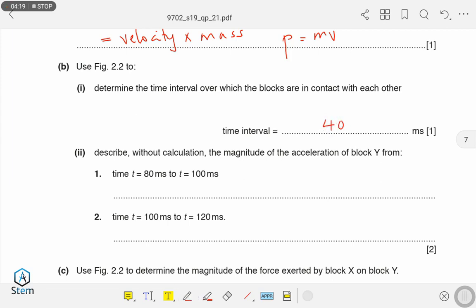All right. Use fig 2.2 to describe without calculation the magnitude of the acceleration of block Y from time t equal to 80 milliseconds up to 100 milliseconds.